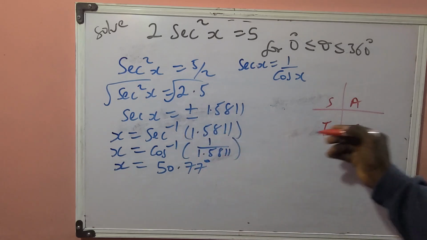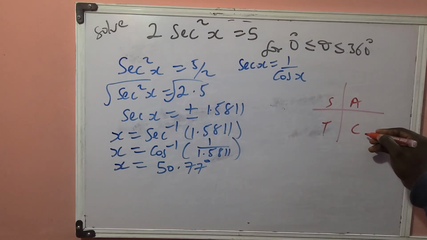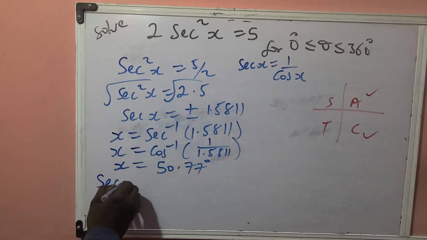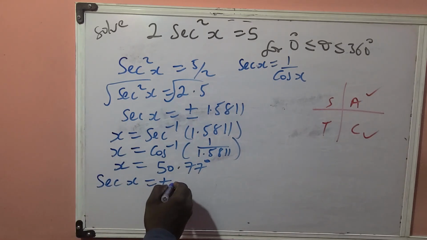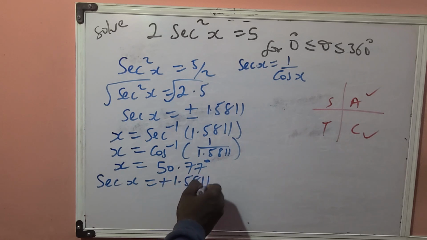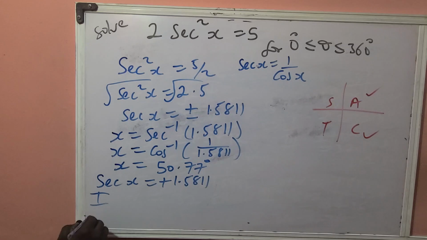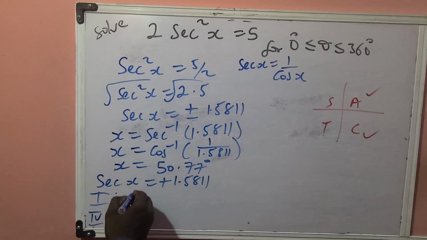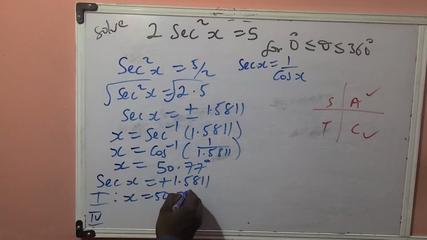So in this case, sec x is going to be positive in both the fourth and the first quadrant. So when sec x is positive 1.5811, our quadrants of interest are quadrant 1 and quadrant 4. For quadrant 1, I told you already, you just replicate what your first value was, so we have 50.77.